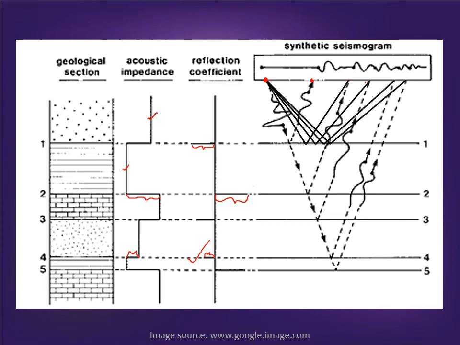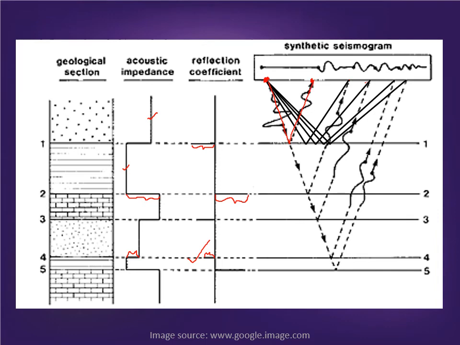Now, if we try to complicate the phenomenon a little bit, the wave generated at the surface first goes to the interface and is received in the first receptor.